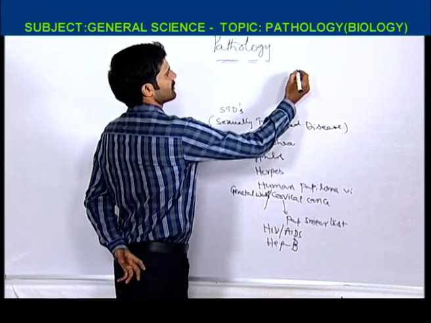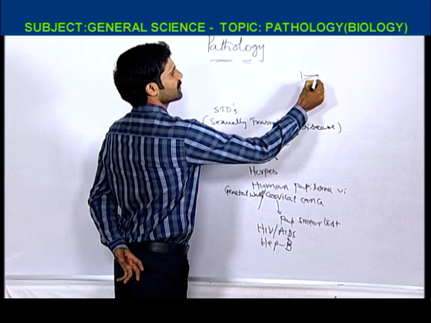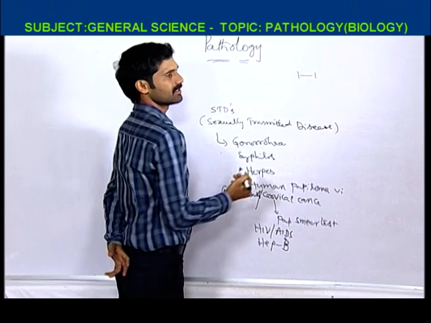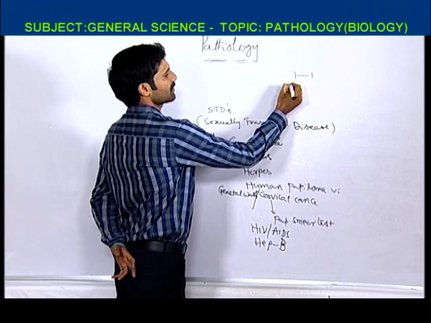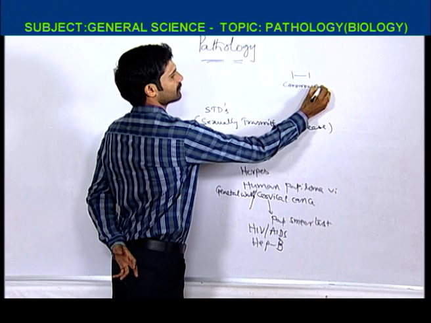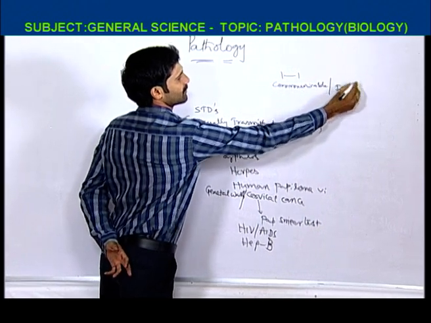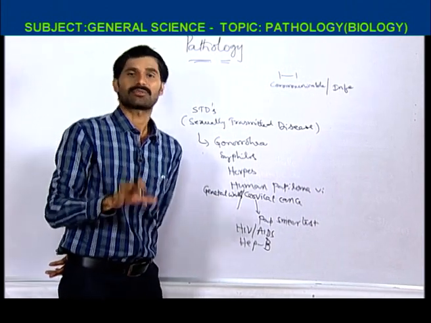Some diseases are transmitted from one person to another, and are called communicable diseases. Communicable diseases are infectious diseases. These are caused by pathogens.